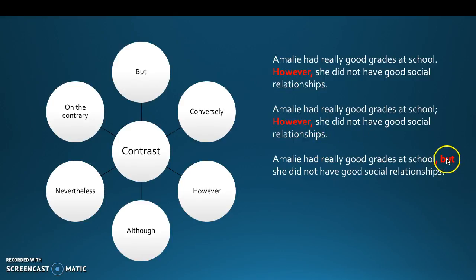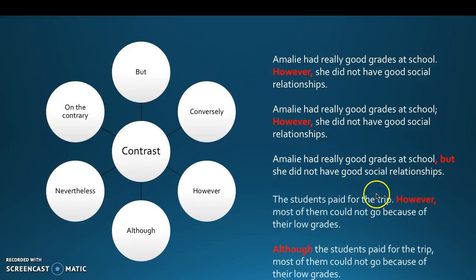In this case, we are using but, and but must be preceded by a comma too. But is like a basic cohesive device, and here we have however and other options, and it's the same. It's not only that you can use however here, but you can say nevertheless or conversely, etc. It's not always however.